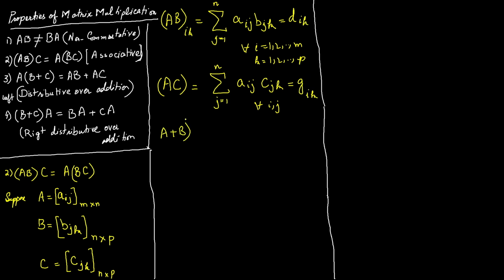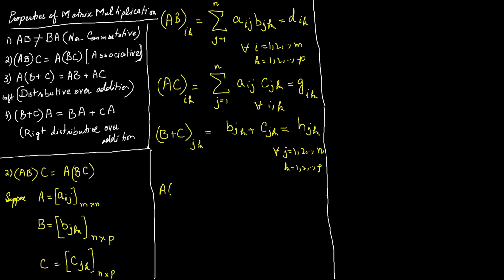Now we add B and C. This is the element at row j and column k. Now we multiply A with B plus C and calculate the element at row i and column k.